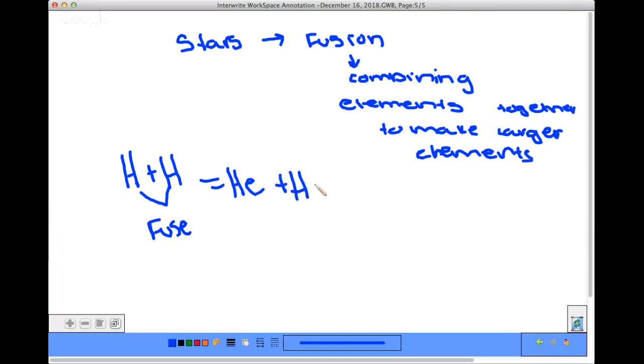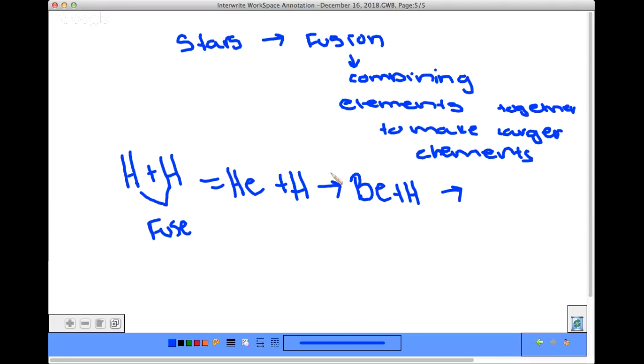Helium might fuse together with a hydrogen atom, and what we would then produce is beryllium, and so on and so on. If we fuse it together, we would create something heavier. So notice that fusion, combining all these smaller elements, will create larger elements.